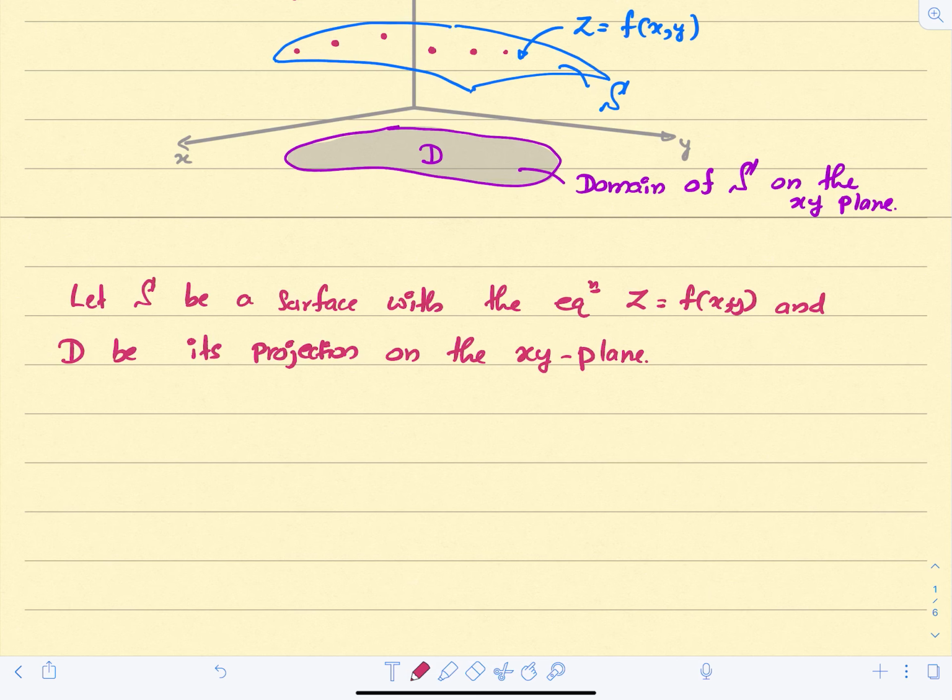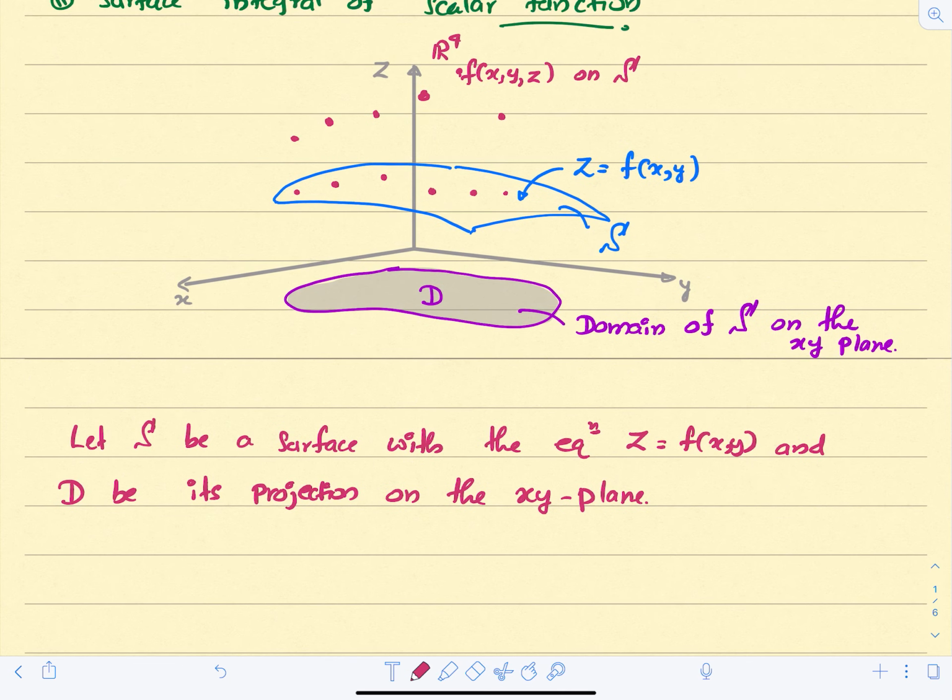So again, remember this: we have a surface S, and the domain of this surface S is D.